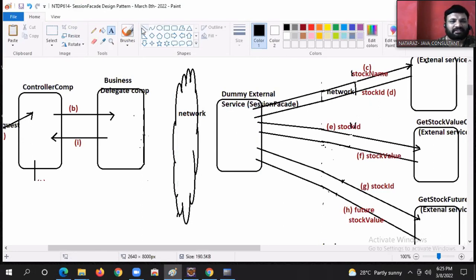Now tell me, guys, the business delegate talks with this only one time. Yeah, this will have a local communication. How many times are we having network round trips to invoke all the three services? Only one time. It's a good thought or not? I hope everyone is convinced with my thought process, my dear.